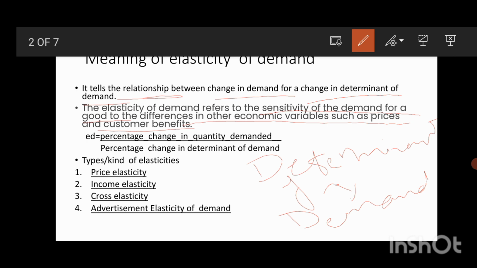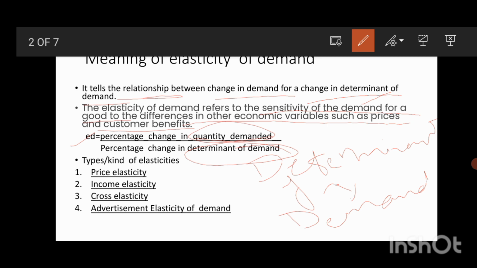How much difference takes place in the other economic variable because of changes in demand is explained under elasticity of demand. So how are we going to calculate the elasticity of demand? It can be calculated by dividing the percentage change in quantity demanded by the percentage change in the determinants of demand. We will get the elasticity of demand.